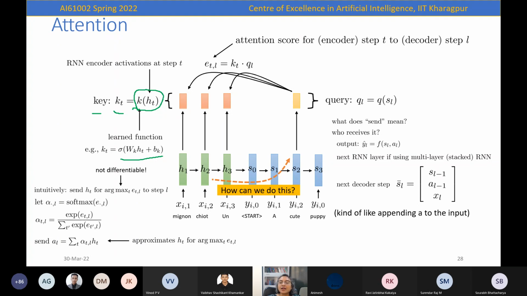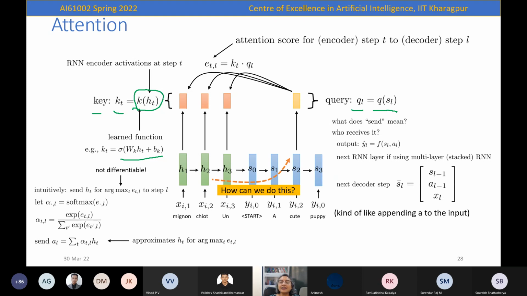Now, from the lth state of the decoder, we find the query vector of the lth state by using a function q over sl, the lth state of the decoder. We use h1, h2, h3 for the encoder hidden states and s0, s1, s2, s3 for the decoder hidden states. So ql equals q of sl. Q is also a function which can be a simple neural network having some parameters.